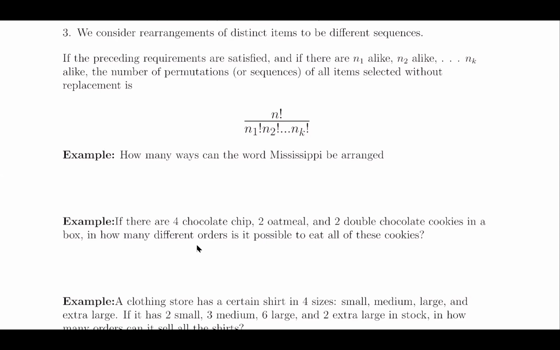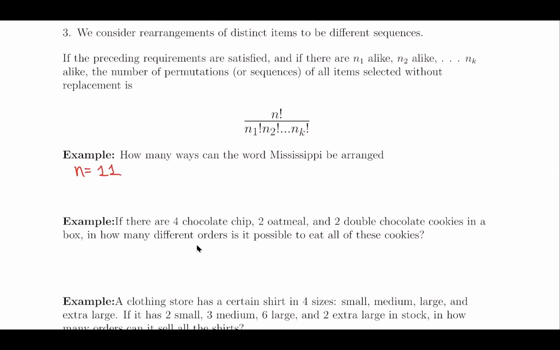We're going to find what n is. n is still how many total letters we have. How many total letters does Mississippi have? 11. Yeah, 11.